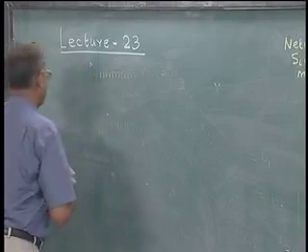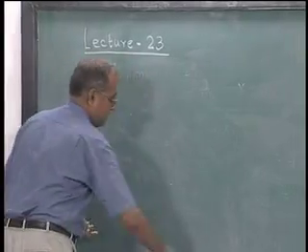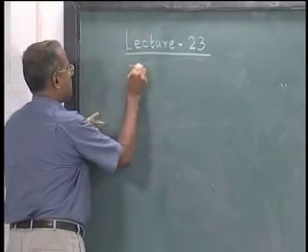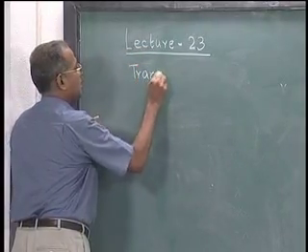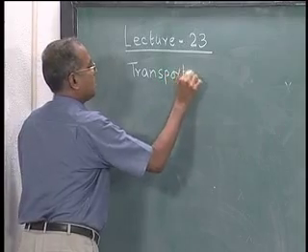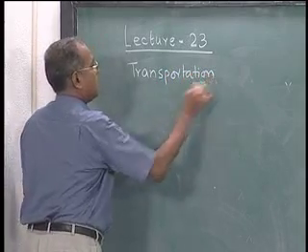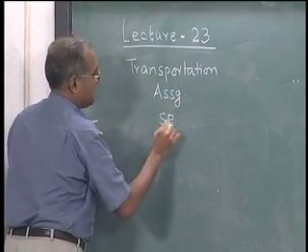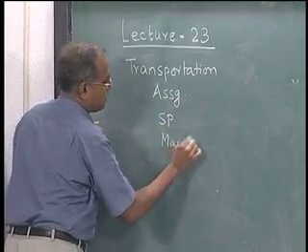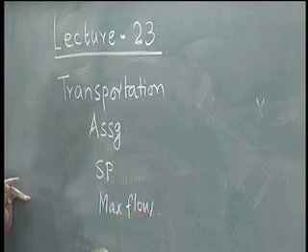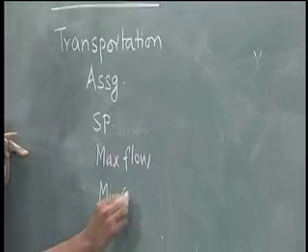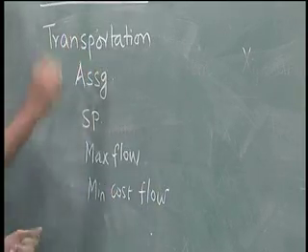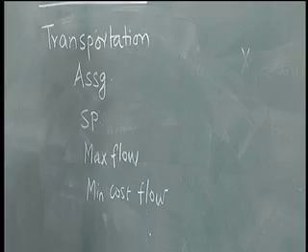We started with the transportation and the assignment problems earlier, then shortest path, max flow, and min cost flow. So, we have seen 5 problems, 2 of these in the earlier course and 3 right now as part of this course.